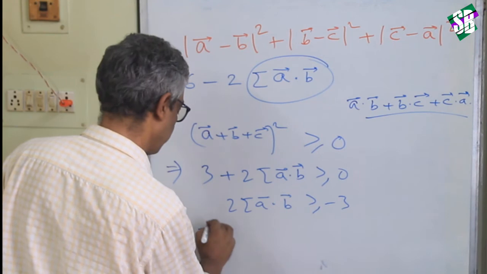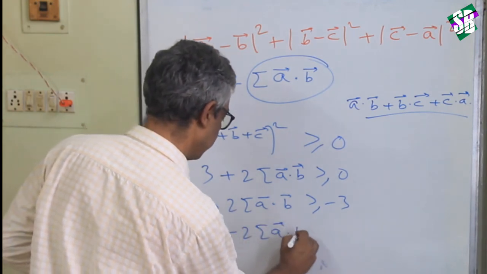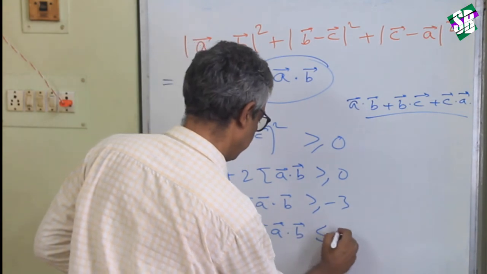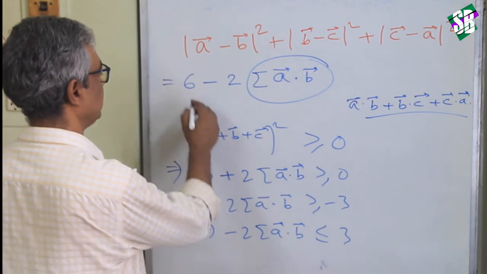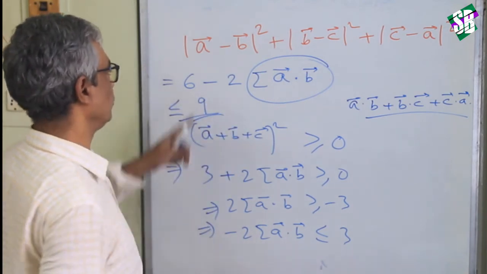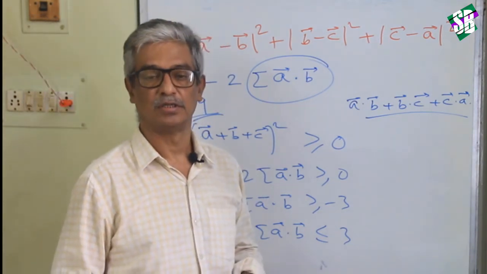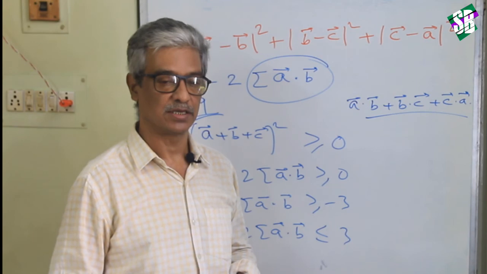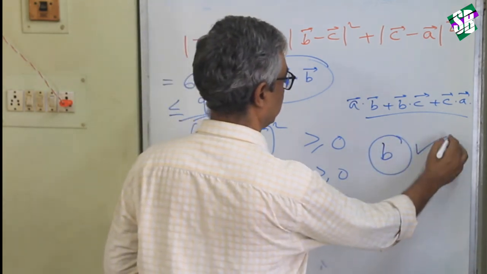So minus 2 summation a vector dot b vector is less or equal to 3. So this means that this is less or equal to 9. So this quantity cannot exceed 9. So option B is correct.